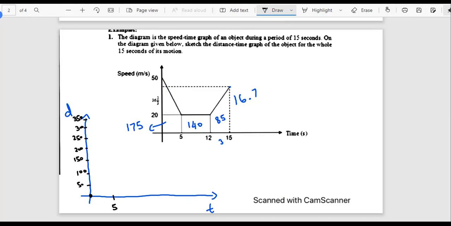So it is going to be 175 somewhere here. And then after 7 seconds, yes, we are covering an extra 140 meters, but that should be 175 plus 140, right? Because we are going to talk about the total distance that we have covered in the first 12 seconds. So that is 315.